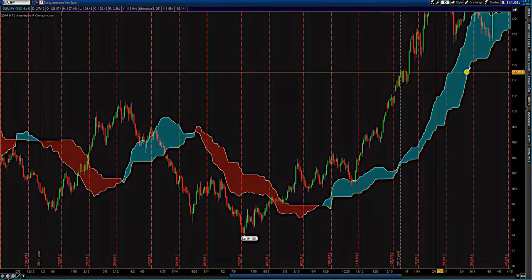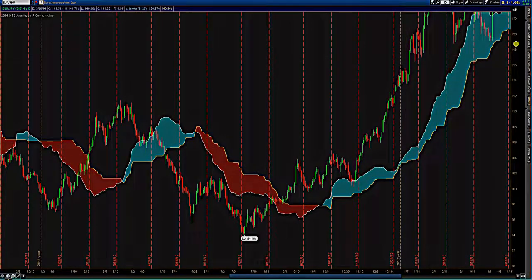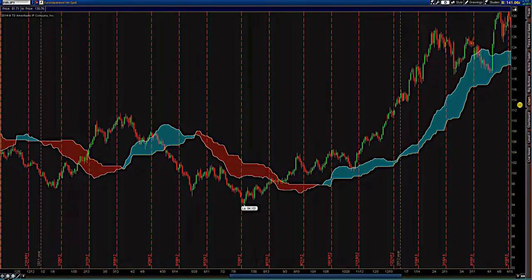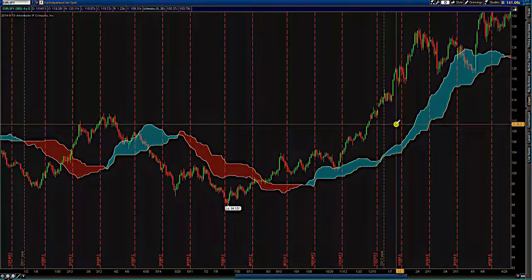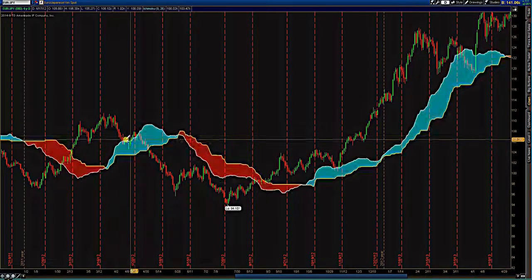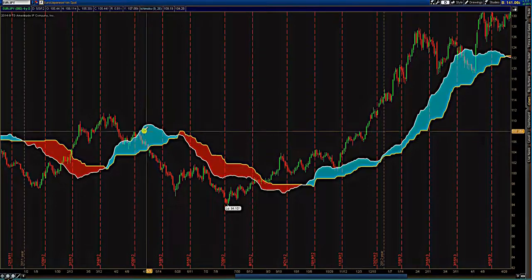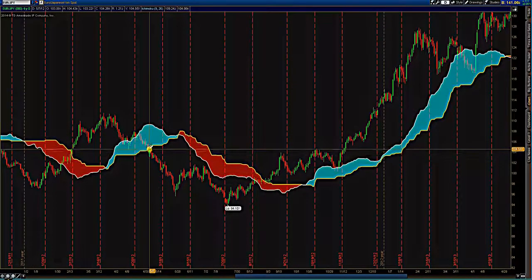So basically, this is just the Kumo cloud, no Tenkan, no Kijun, and no Chikou, because I want people to get familiar with the individual components before putting it all together. Alright, so pretty much after that 700 pip gain, price came back within the cloud, and it fell right below the cloud.